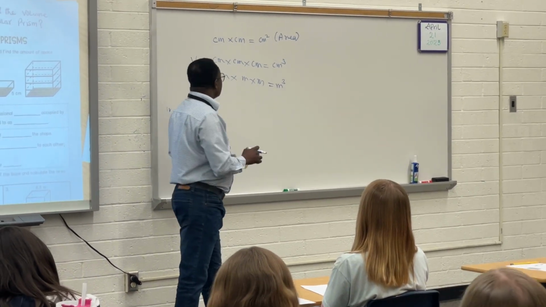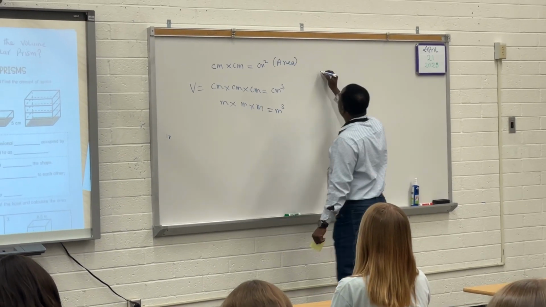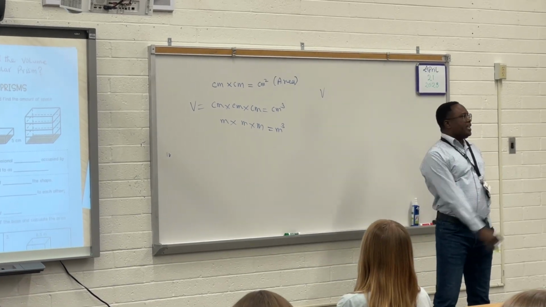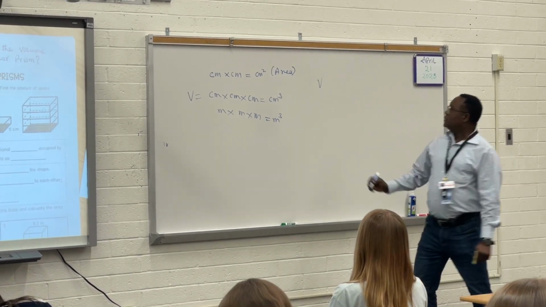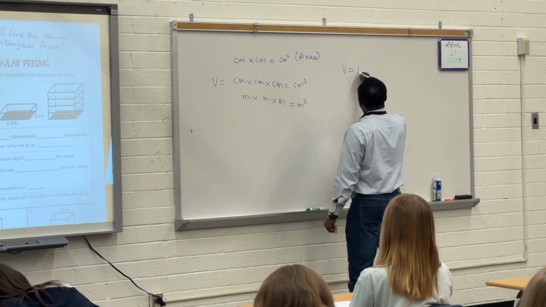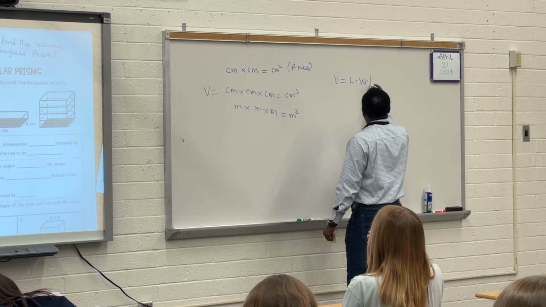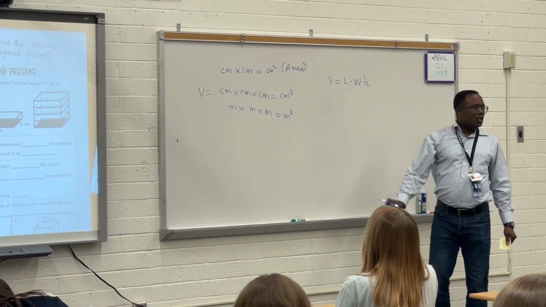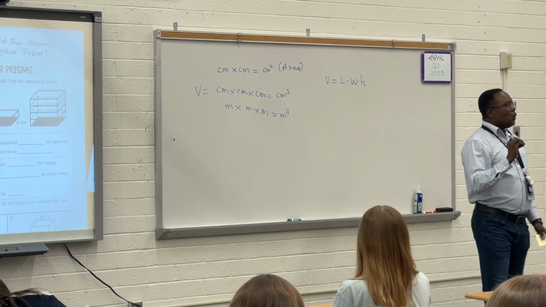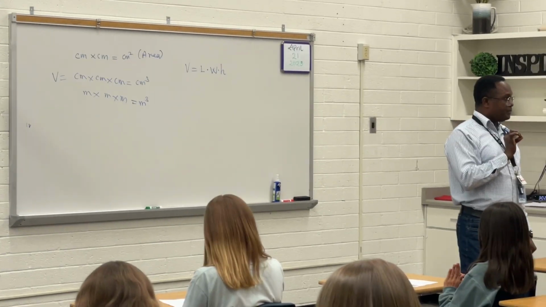Okay, good. Now, the formula that we are going to use to find the volume of any rectangular prism is this. We say the volume is equal to what? Length times width times the height. So this is the formula that we use to calculate the volume of a rectangular prism.